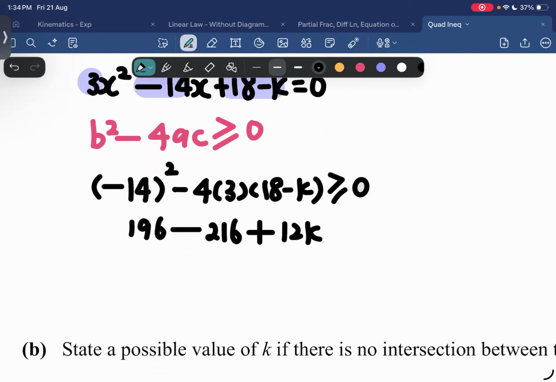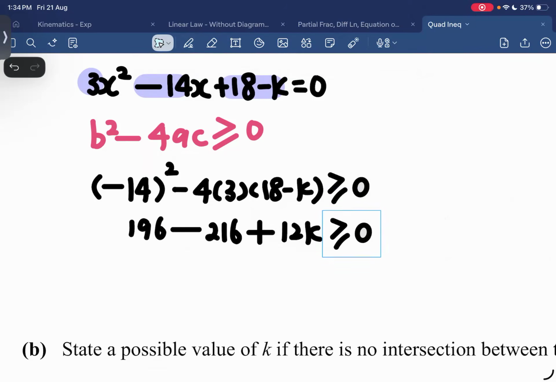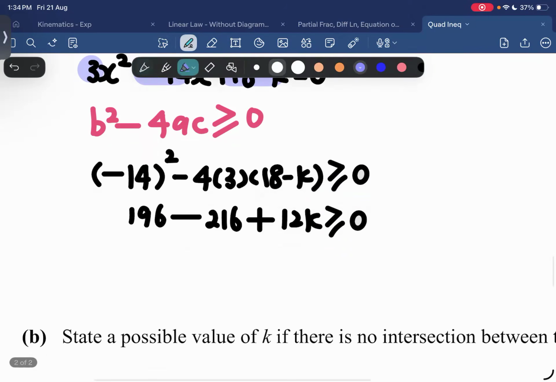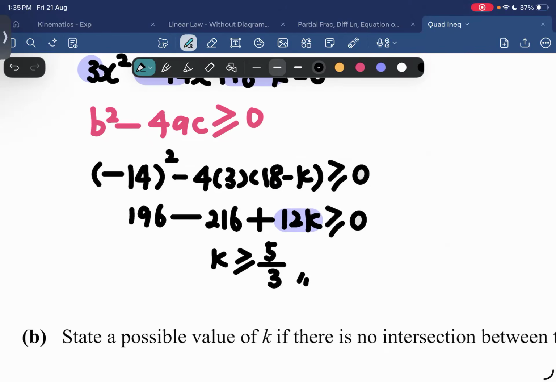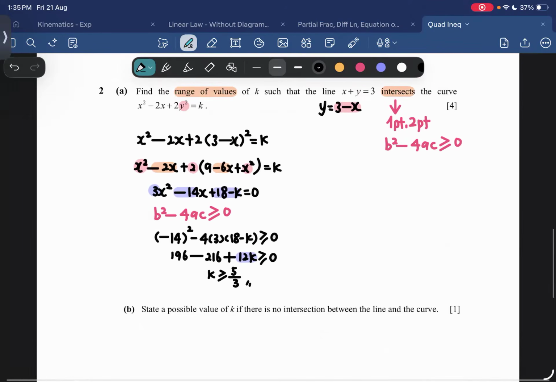Okay, at least this is a linear inequality, so it's not that scary, right? So you're just going to solve for k from here. Let me just fast forward. I think you should be able to see. 12k is more than or equal to 20. So k will be more than or equal to 5 over 3. Okay, can leave it like that. Oh, this one is just linear, thank God. So it's still a range of values because it's an inequality, but linear at the end of the day, so very nice.